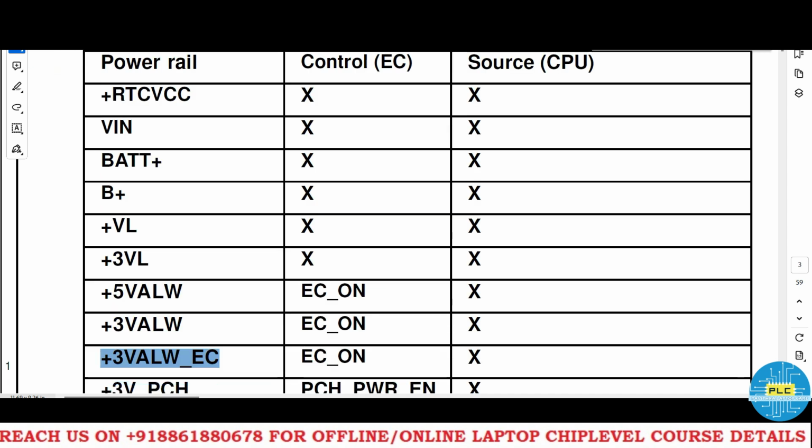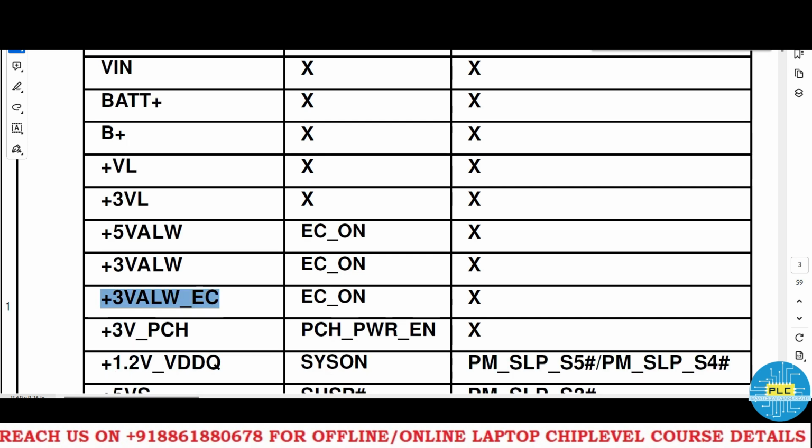See, here is the clue. Actually, power rail: RTC we got, V in we got, battery side we got, B plus we got. This is 5 volts. It's not used here. 3 VL we got, but here this is actually wrong. 3 volts always EC, after pressing the power button, it's showing here, but here it's wrong. We got it through this 3 VL.